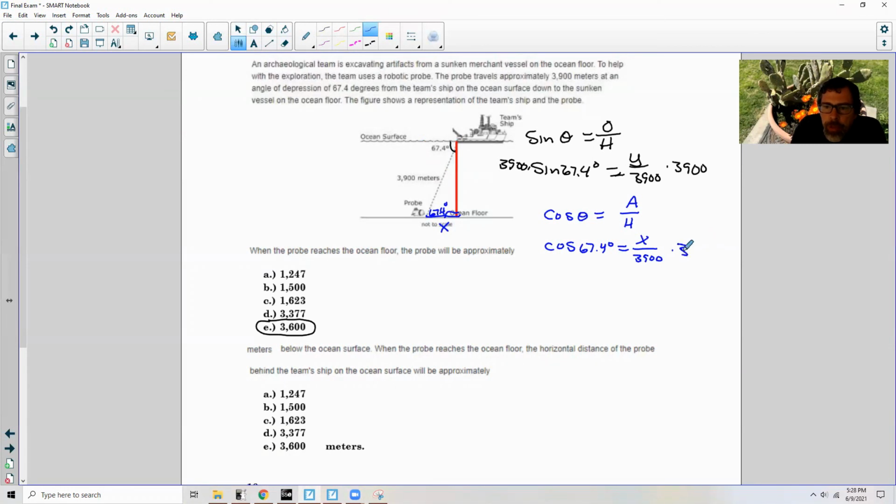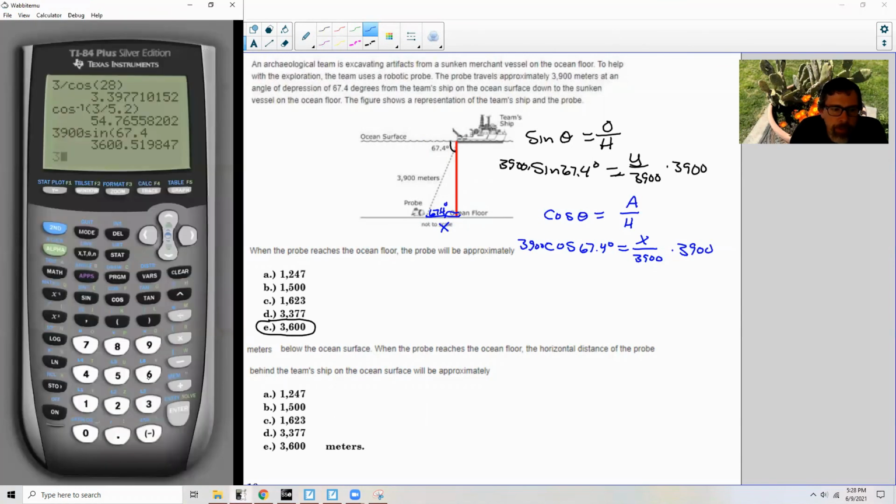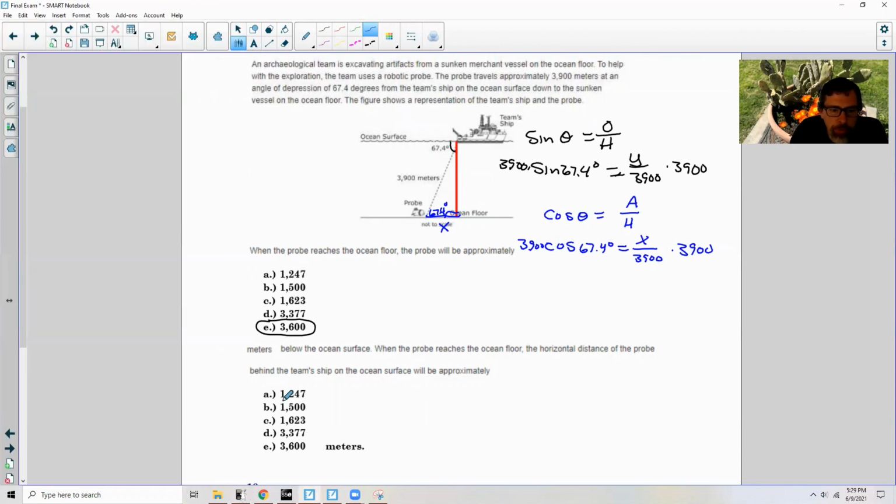To solve this, we multiply both sides by 3,900. And we put that in our calculator. 3,900 cos 67.4, and I got 1,498.7, which is pretty darn close to 1,500 meters.